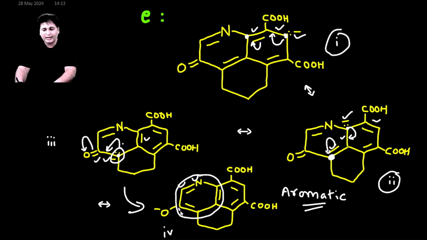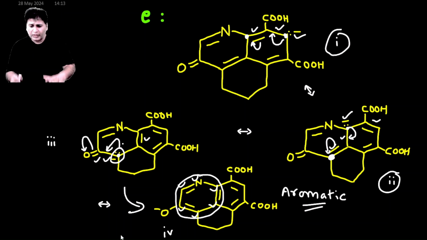Double, single, double, single, double, and 6 electrons are involved because 3 pi bonds are there in this cycle, and 6 pi electrons are involved from Huckel's rule, the 4n plus 2 rule. For n equal to 1, it gives you 6. So not just one, you see two rings which are following the aromatic behavior. That gives much edge, gives merit to this particular anion.